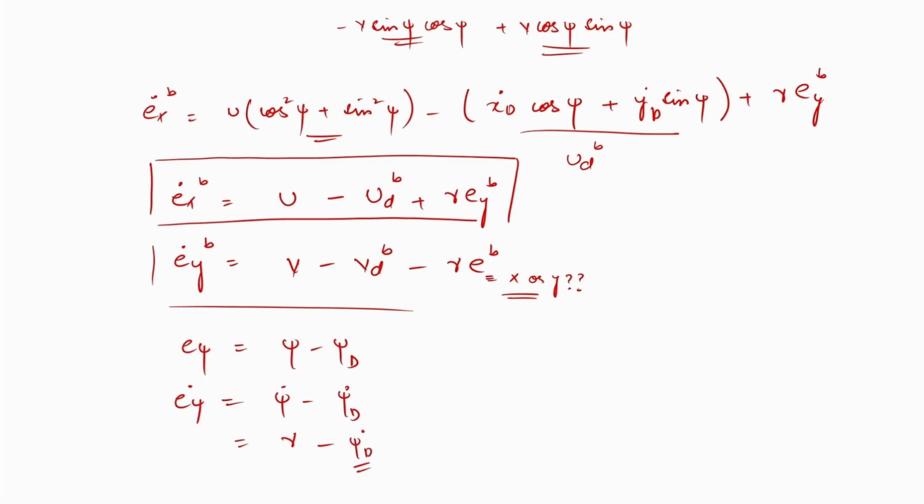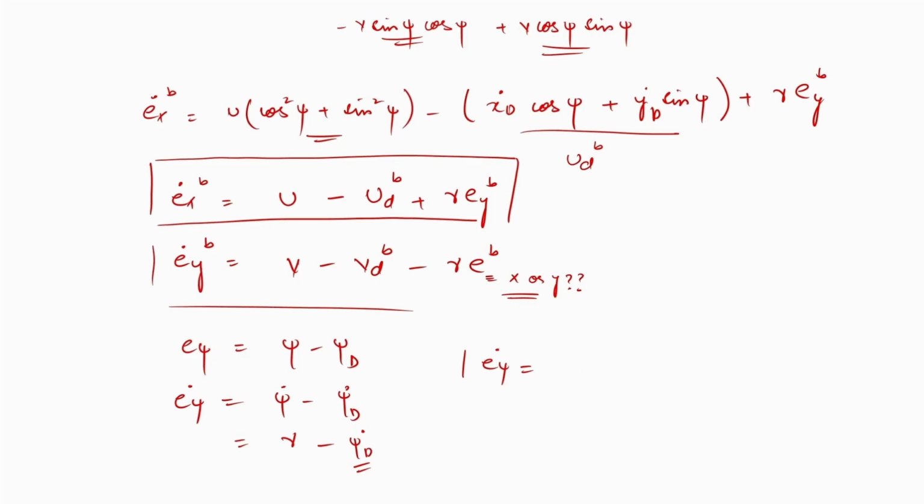So I will call this r d b, that is in the body frame. So e psi dot becomes r minus r d b. Let me rewrite this equation. Erase it.